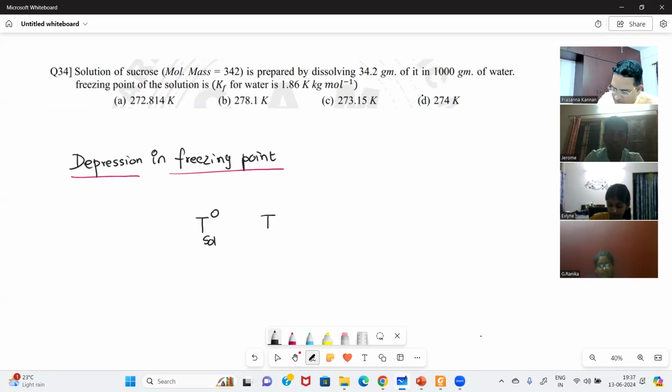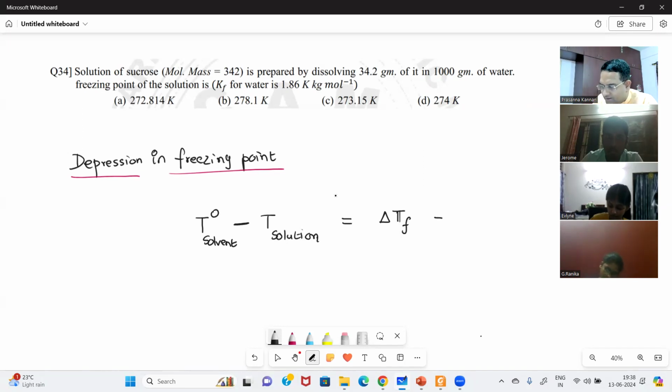So this is the temperature at which your pure solvent will freeze, and T is the temperature at which the solution will freeze. Obviously, the solvent is going to freeze at a higher temperature. So higher value minus lower value will be your depression in freezing point, or I can say delta TF.